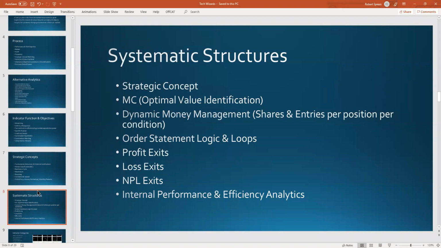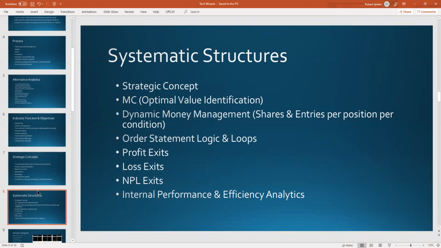And then you have loss exits. Again, you need to know when to take a small loss, and then obviously you have your max loss, your max stop loss. But a lot of times, if you can take a small loss when a certain condition occurs or certain criteria is met, sometimes it'll keep you from hitting your max stop. And then MPLs.